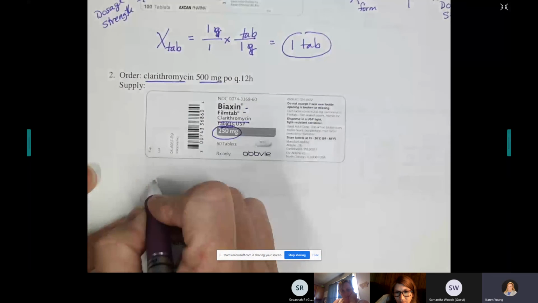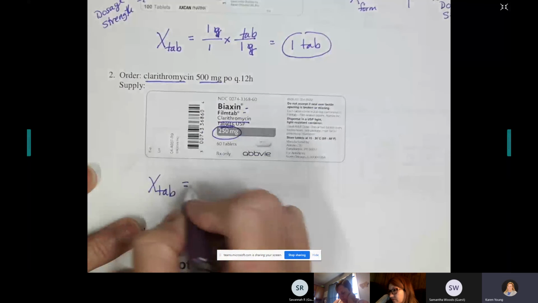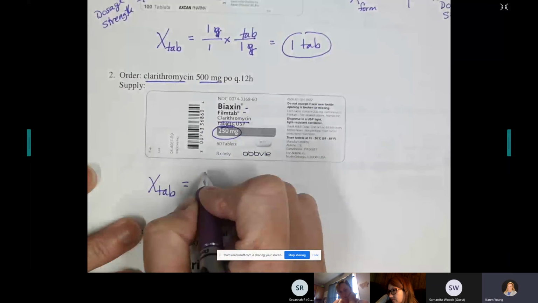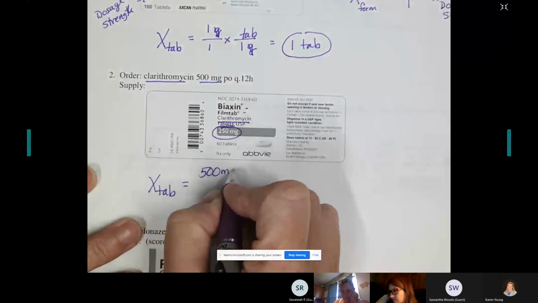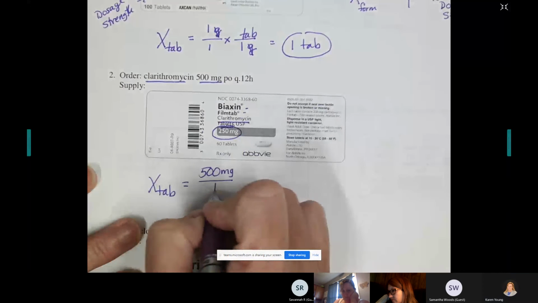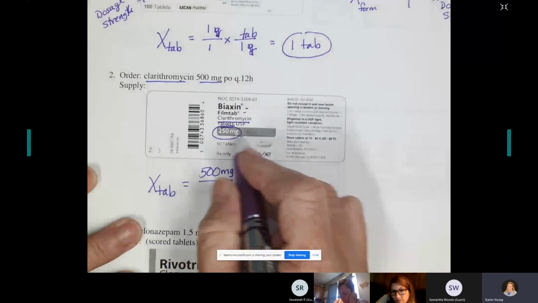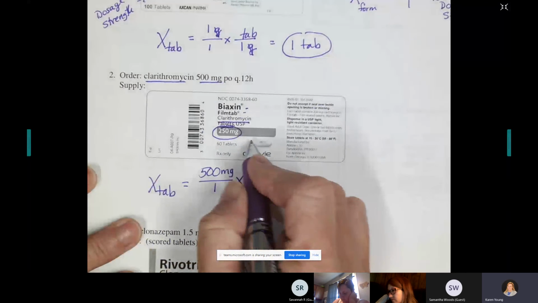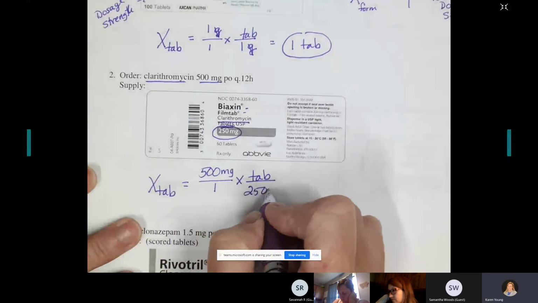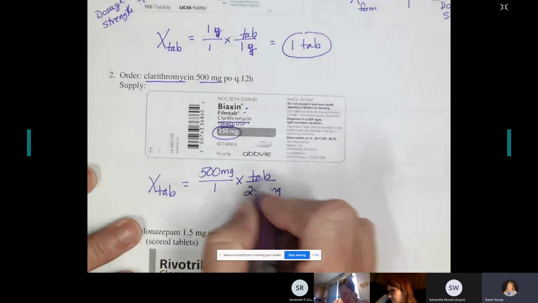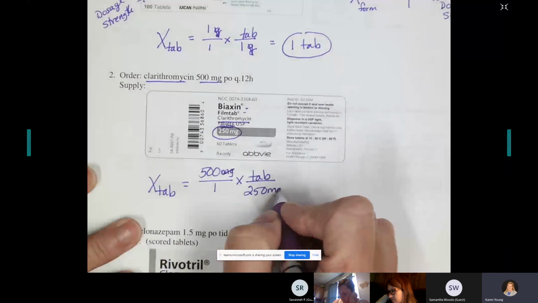So I'm going to do the X tabs because I'm looking for my number of tablets. The 500 milligrams over 1. Then again, my dosage form, which is tablets, over my dosage strength, which is 250 milligrams. And then be sure and cancel out your milligrams, your units of measure.